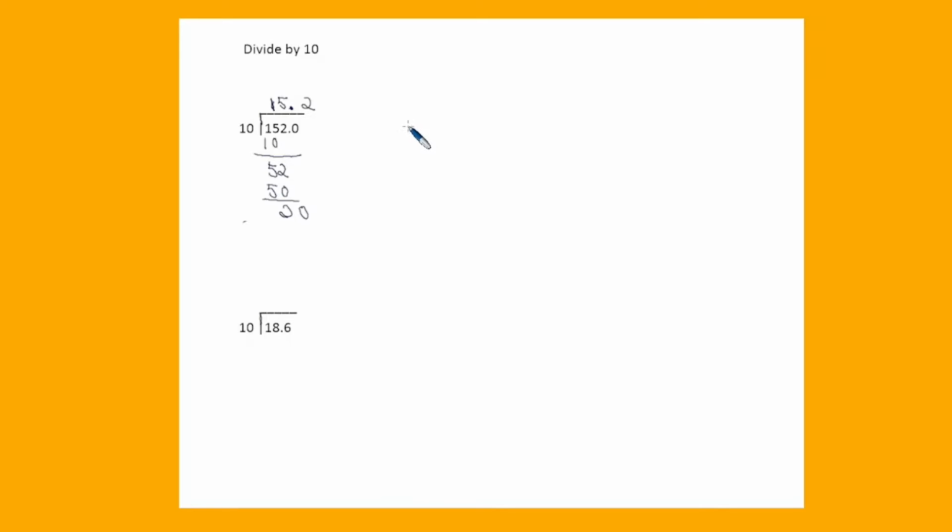As I did with my multiplication, if I rewrite this a little bit and say 152.0 divided by 10 to the first power, that equals 15.2.